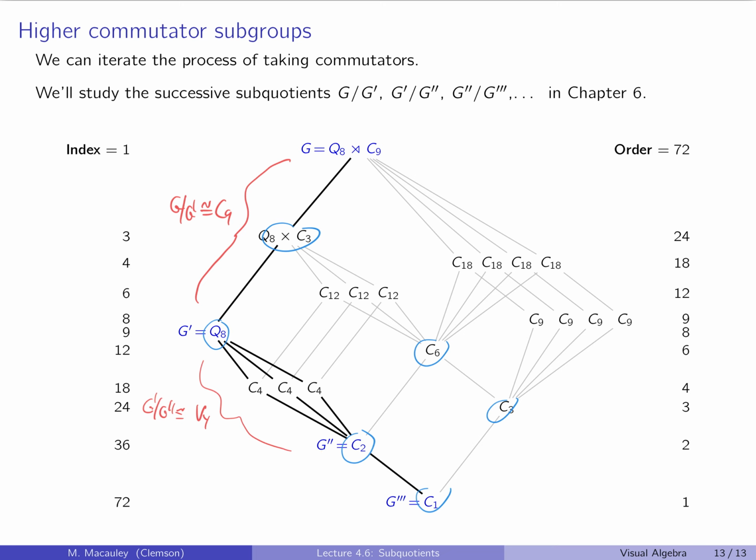Well, it's abelian, so its commutator subgroup is the trivial group. So G double prime mod G triple prime is isomorphic to C2. So this is something we can do for any group. We may get down to the bottom, we may not. And if we get down to the bottom, it's called solvable.